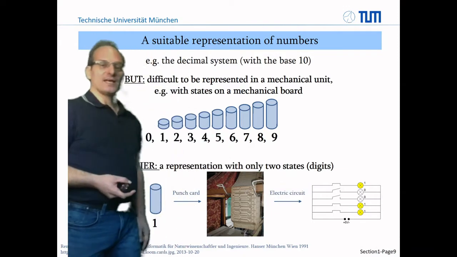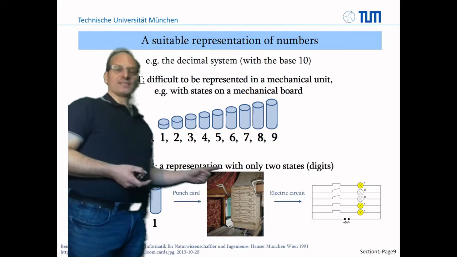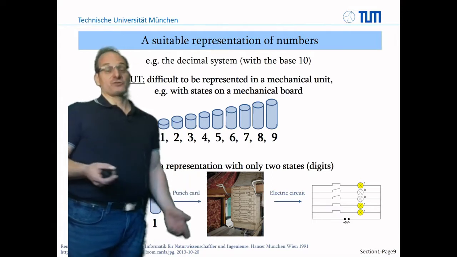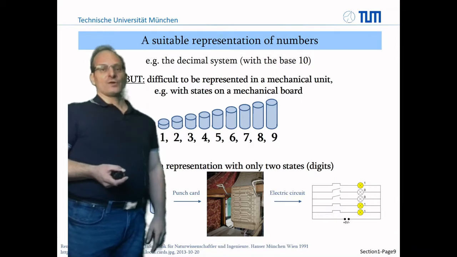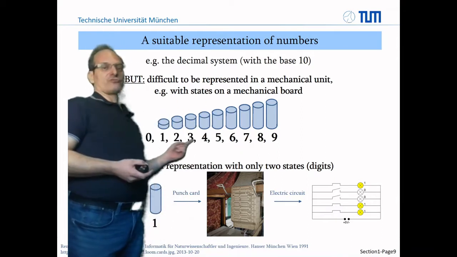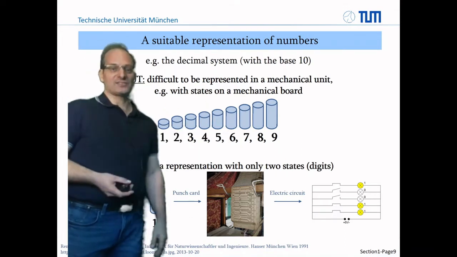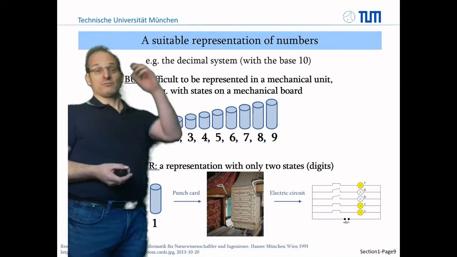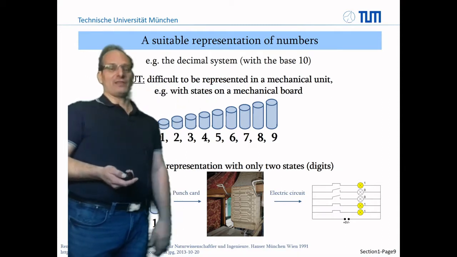And this is a very easy way because it can also be represented easily, for example, with holes or sticks on a punch card. Therefore, two states are much easier to represent in electronic systems or in mechanical systems than these 10 states, where you have to define the levels and identify the levels.